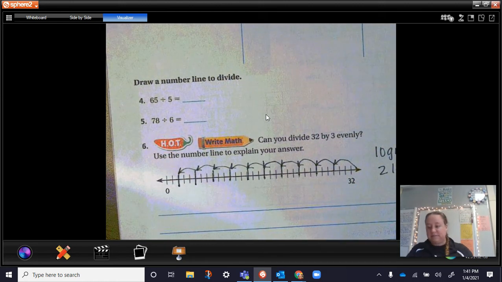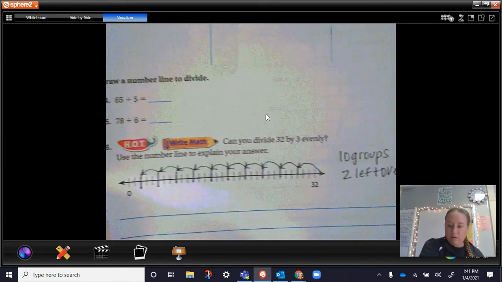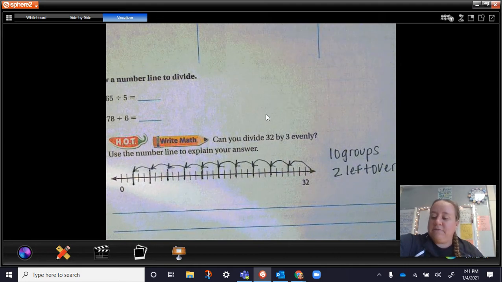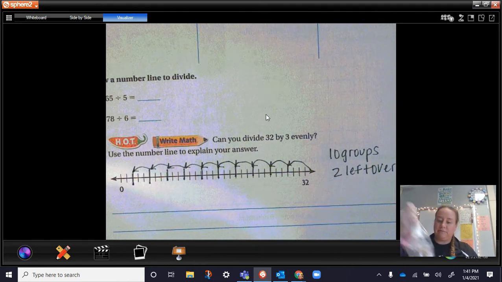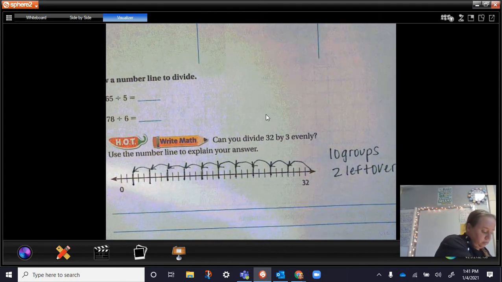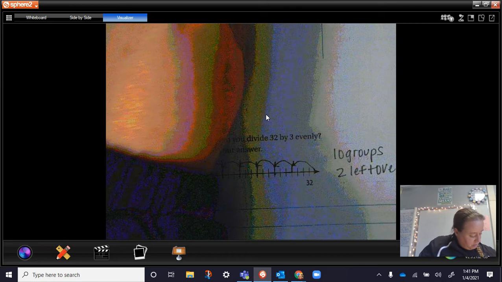And what that means, so 10 groups with 2 left over. So what that means, today we were using our beans. So the same thing, if I count out 32, so here I'm doing groups of 3.